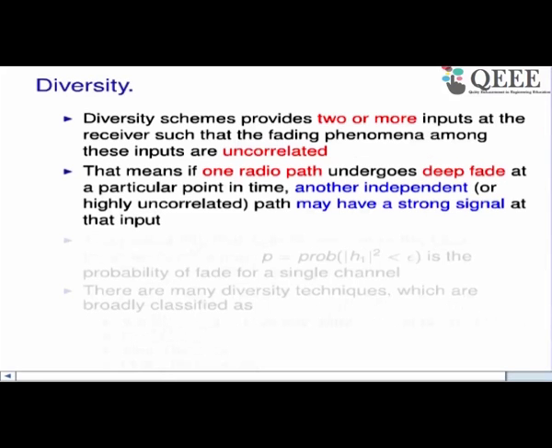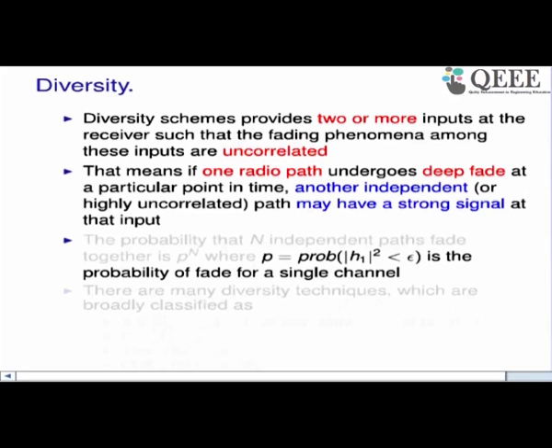Suppose P is the probability that your amplitude is smaller than a certain amount, epsilon, that you require at the receiver for demodulation. Your received signal should be greater than epsilon for proper detection, but because it's a random process, the received signal may be less than that.